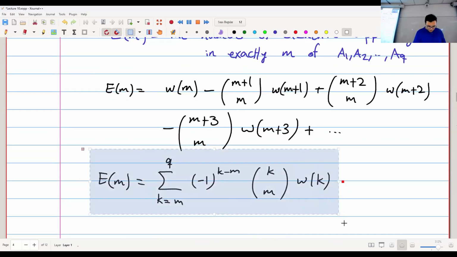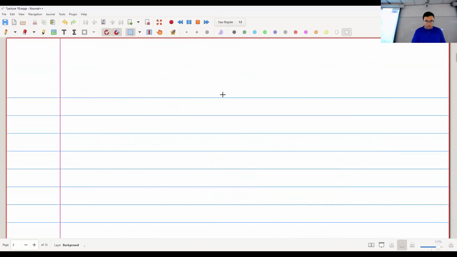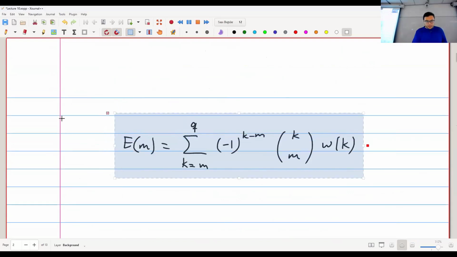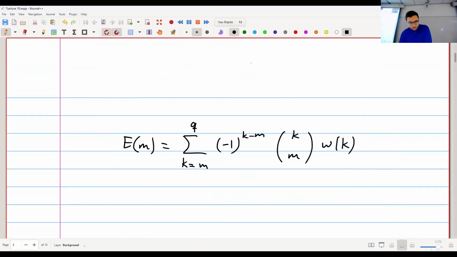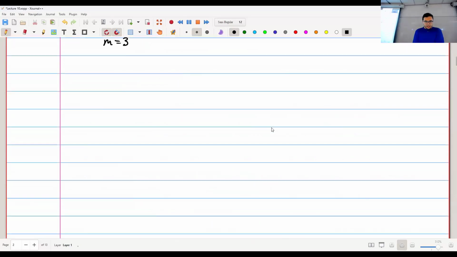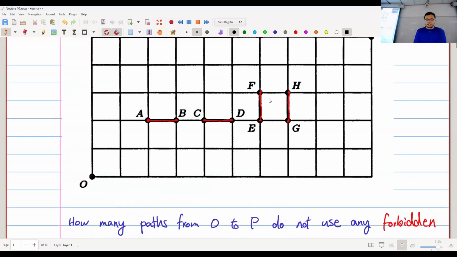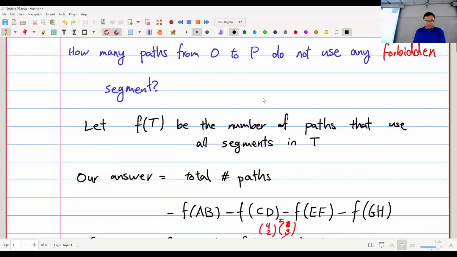So this was my formula. And here I want to put the formula. And I want to say, well, my m is 3, right? So m is 3. So basically, I want to say how many of the paths go through exactly 3 of these forbidden segments. Okay. So what can I say?